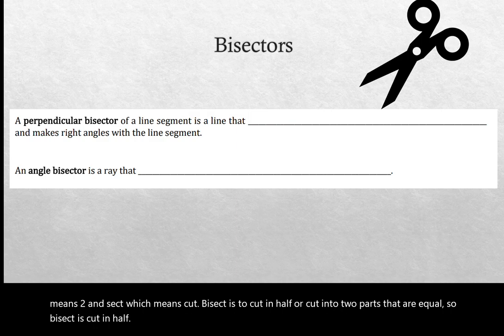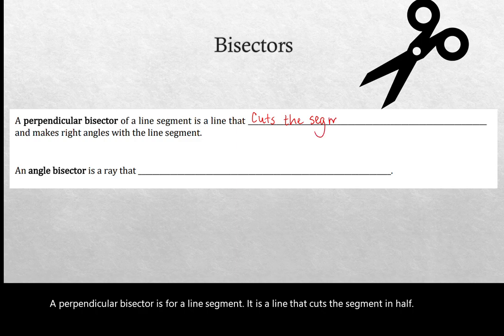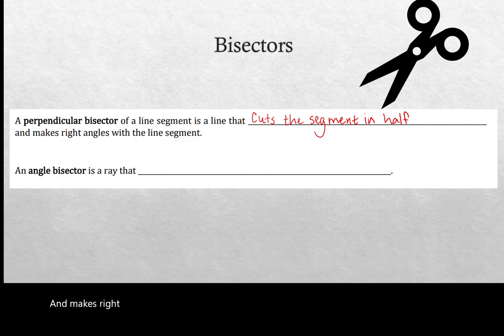A perpendicular bisector is for a line segment. It is a line that cuts the segment in half and makes right angles with the line segment.